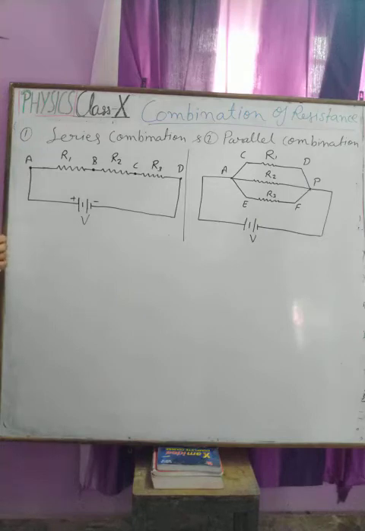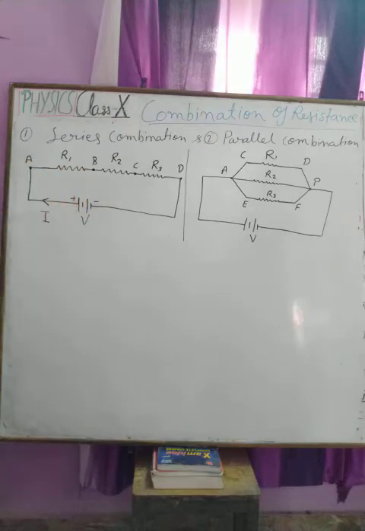Now we will understand the rules in the two combinations. When the load is applied, that is when the resistor is applied and the circuit is closed, the current will be drawn from the battery by the load or resistors. Let the current I be drawn from the battery. Now how is the current moving in the circuit?